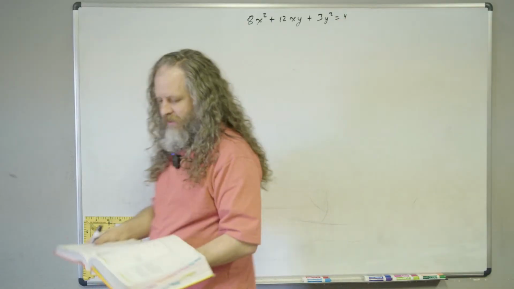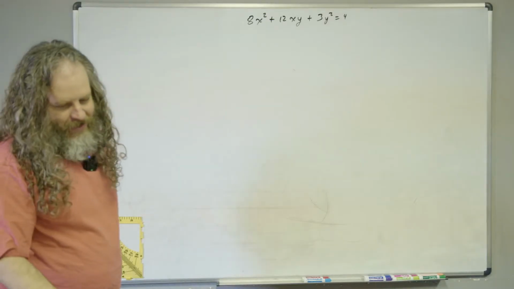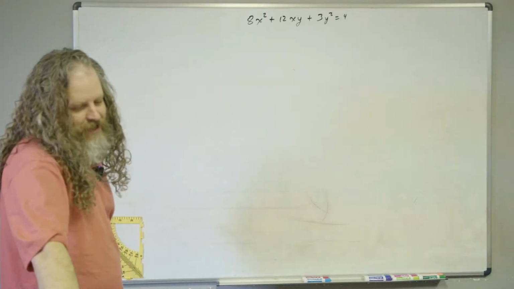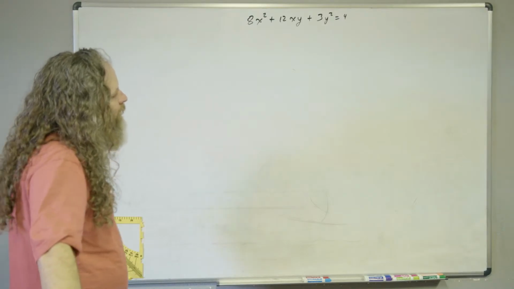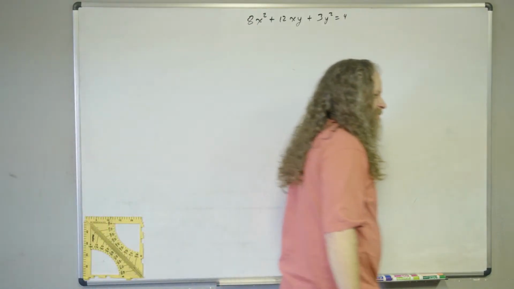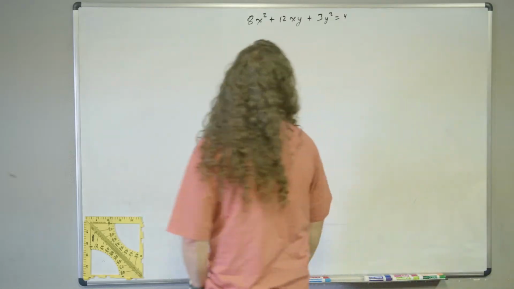Okay, so we're going to use a suitable angle of rotation for the conic, and we're going to write the equation in standard form. So what kind of conic is it? Use the determinant.